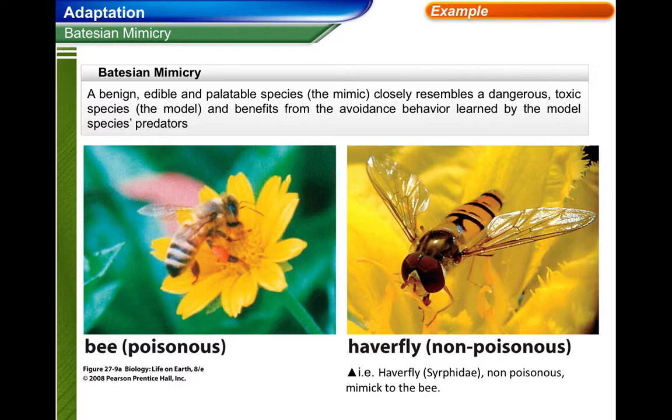So in this example, a hoverfly looks like a bee, which is poisonous, but a hoverfly doesn't have poison. And we know that this is a hoverfly and not a bee because hoverflies only have one pair of wings, while bees have two pairs of wings.